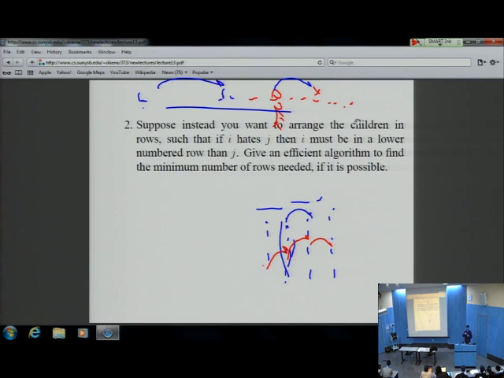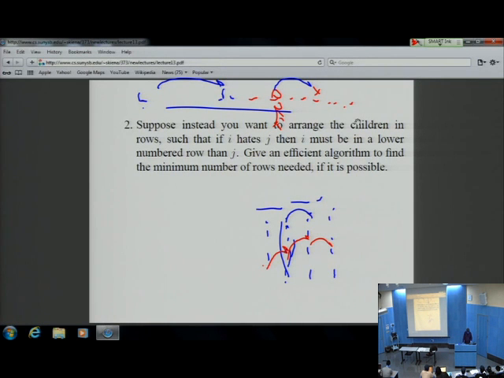Is that what you're saying? I meant to say breadth first search, not depth. Okay, but you're talking about the length of a chain of hatreds. And if you have a chain of hatreds that long, you need at least that many rows. Does everybody agree with that?